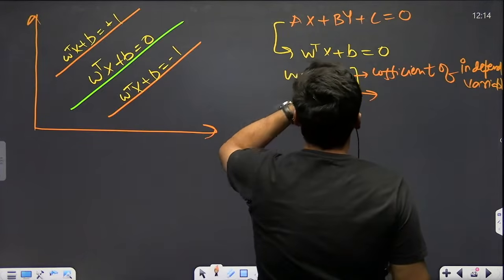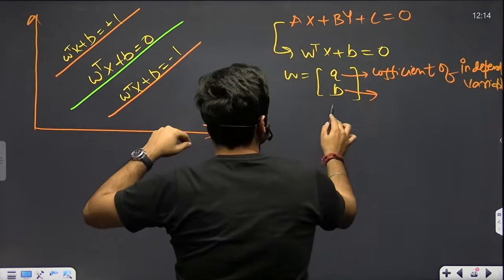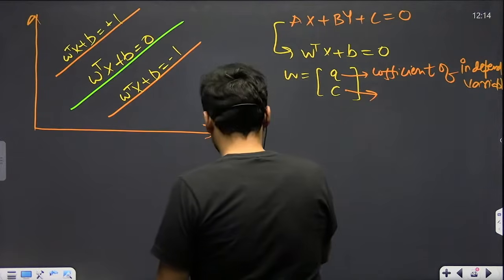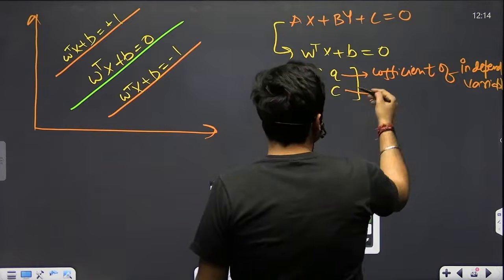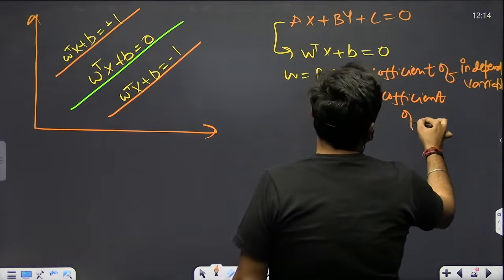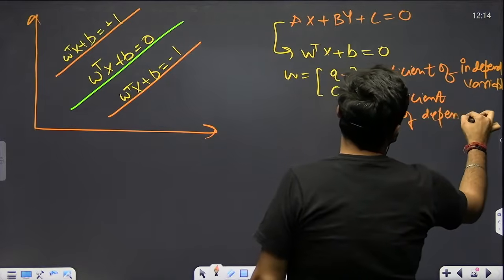अच्छा इसको c कर देते हैं, नो वरीज, I just make this c for better clarity, and this is the coefficient of the dependent variable. ठीक है.